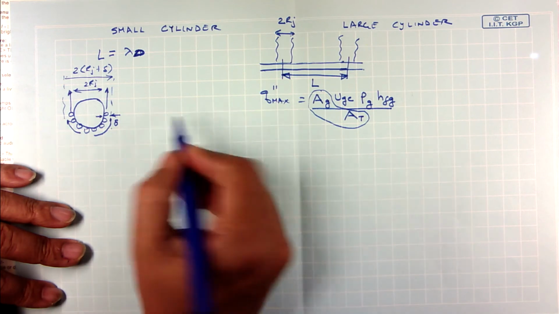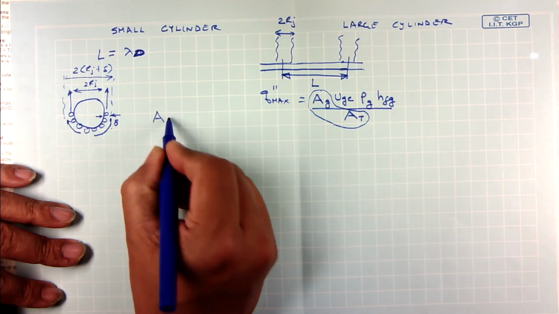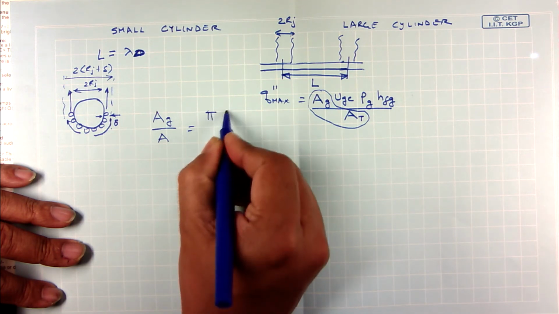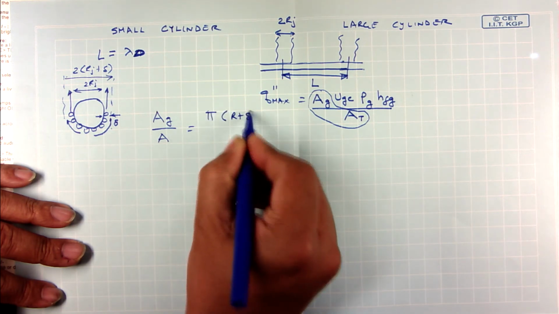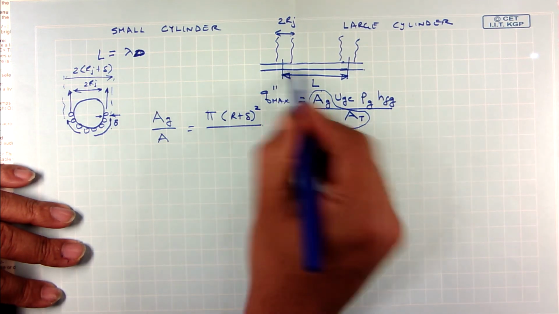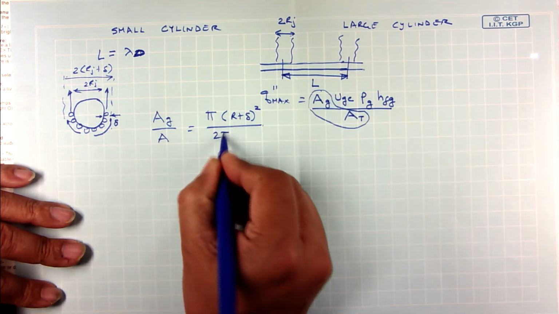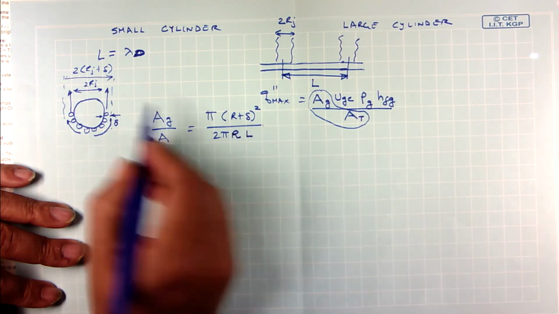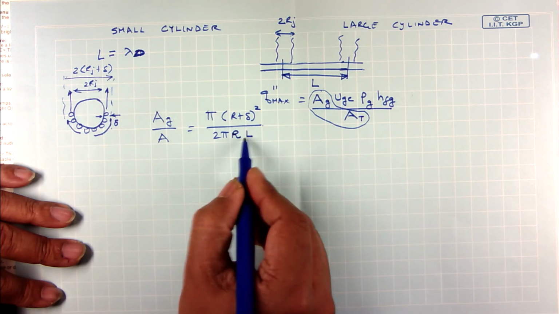So, in that case my Ag by A will become equal to pi times R plus delta whole square divided by the surface area of the heater, which is 2 pi R times L. For a small cylinder we assumed that L was equal to lambda d.